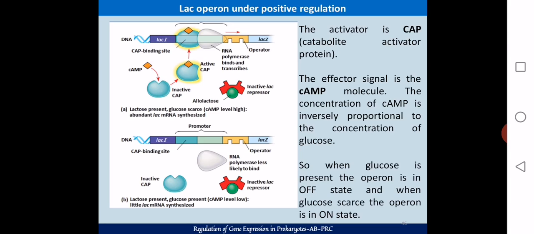Why does cAMP act as an effector? Because the concentration of cAMP is inversely proportional to the concentration of glucose, and we know that when glucose is present, the operon has to be shut off, and when glucose is absent or less available, then the system has to be on. Okay, so the cAMP and CAP molecule will work together for an increased rate of transcription of lac operon genes.